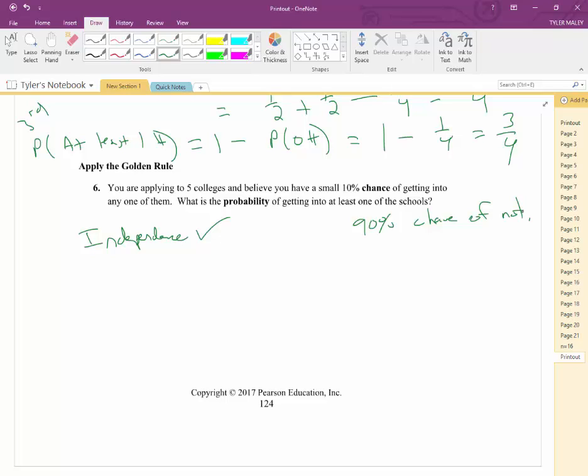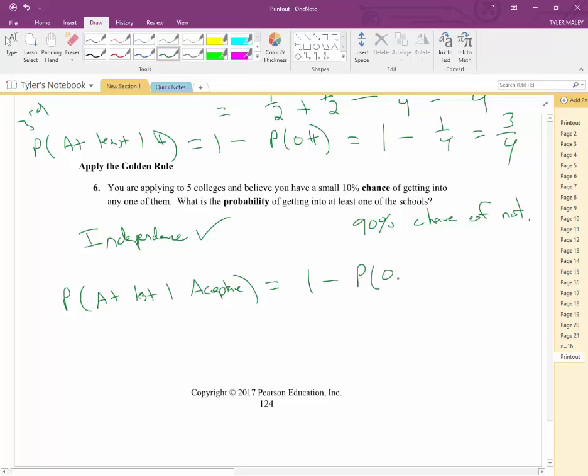So if we apply the golden rule, the probability of at least one acceptance is equal to 1 minus the probability of getting 0 acceptances. The complement of at least one acceptance would be 0 acceptances.